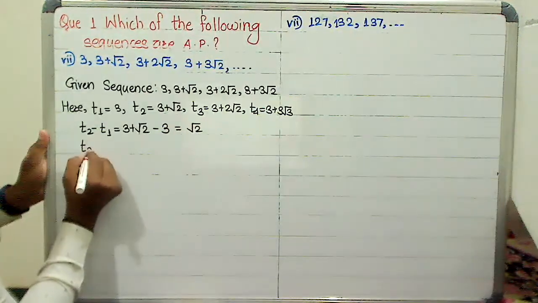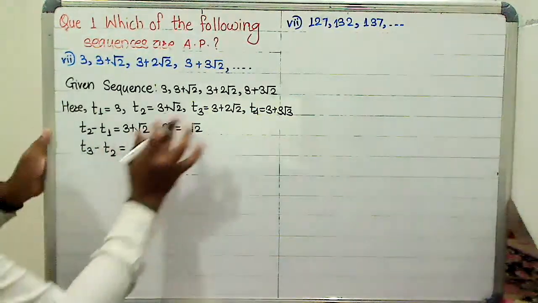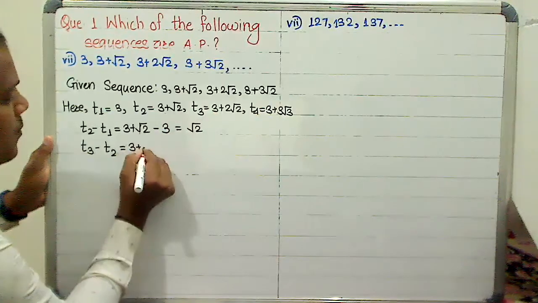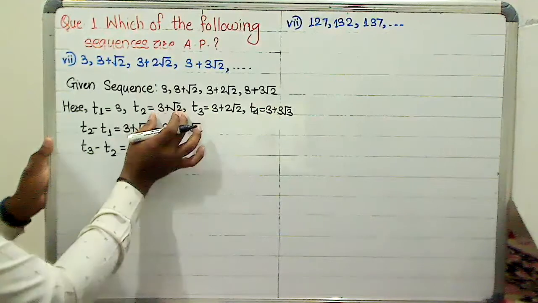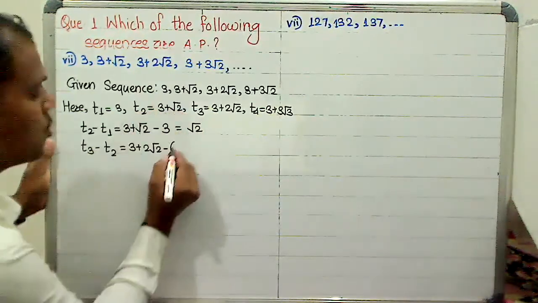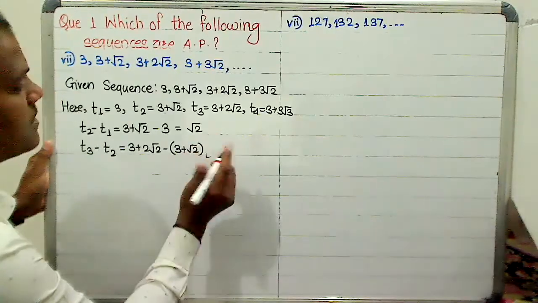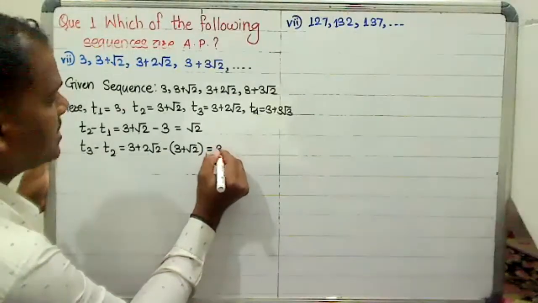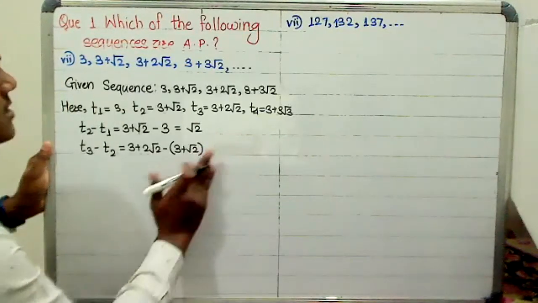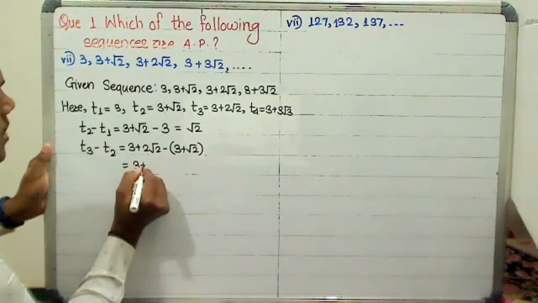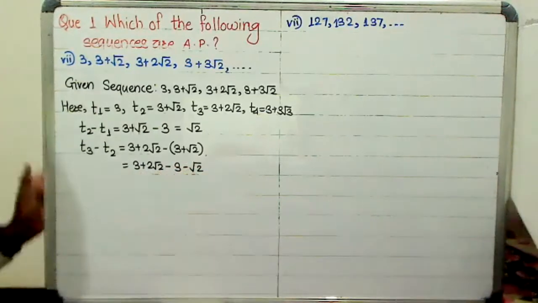Now T3 minus T2. Value of T3 is 3 plus 2 root 2 minus value of T2, which is 3 plus root 2. So 3 plus 2 root 2 minus 3 minus root 2.